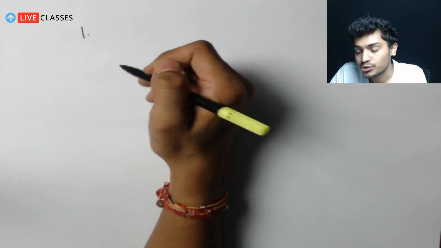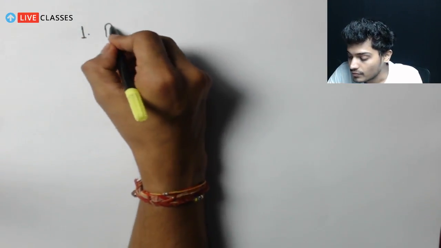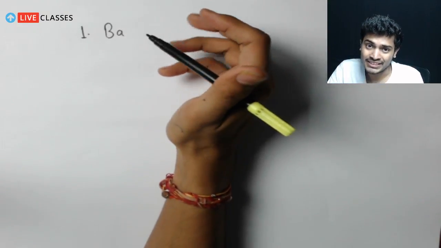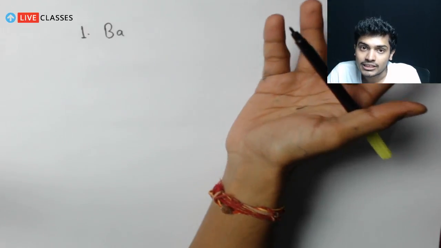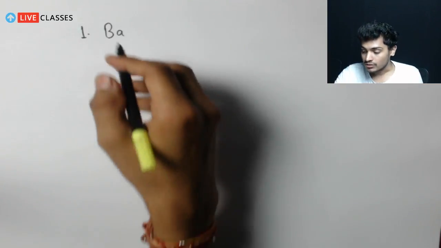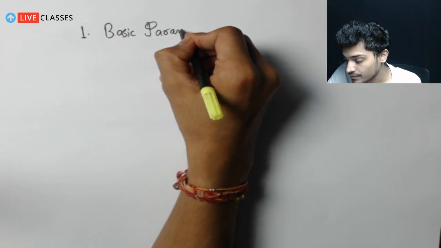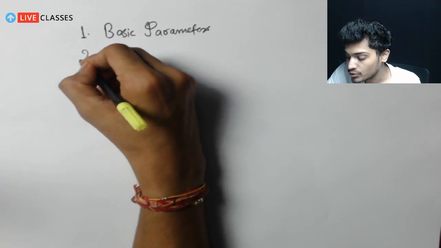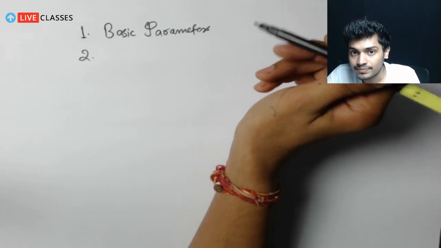we introduced you to the basic parameters of circular motion. We also saw how the basic parameters of motion like distance, displacement, velocity and speed vary in circular motion. We also told you the relationship between linear and angular variables.